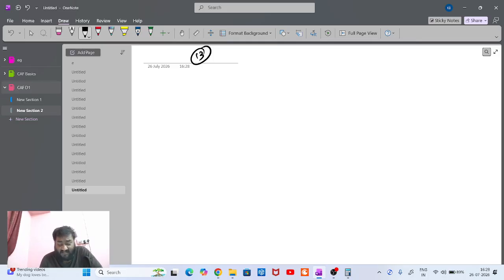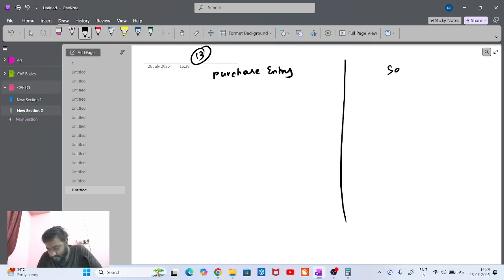GST defines the journal entries. Write this, understand this, and keep this in mind. Purchase entry and sale entry. These are the two things GST affects in our accounting system.